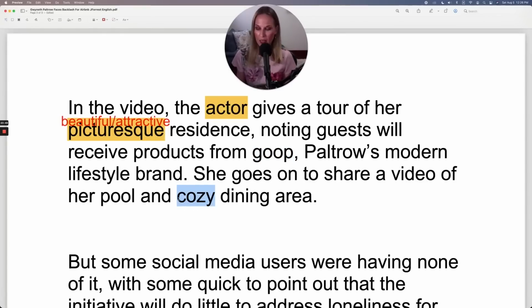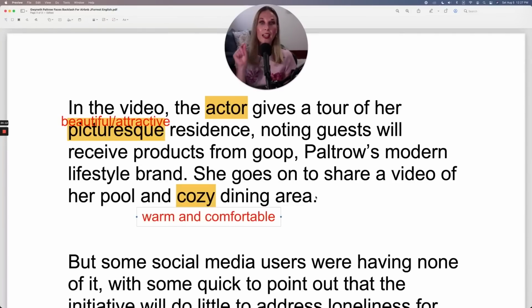Cozy is another great adjective, especially in the context of a house. So you will see this a lot in real estate listings to describe a room or a house as cozy. To me, cozy means warm and comfortable. So let me spell this correctly for you, comfortable.